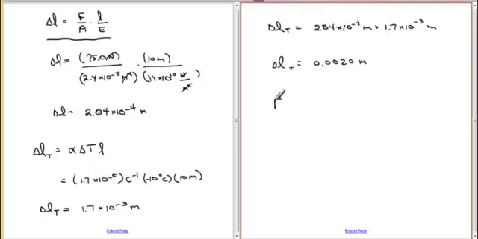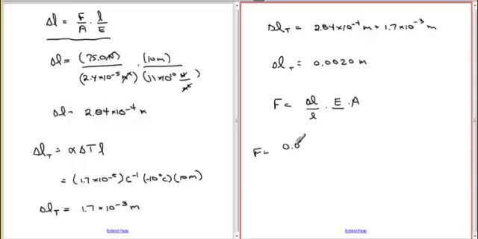So if we solve for force, force is going to be equal to delta L divided by L times E times area. Okay, so force, let's make sure we did this right. Force is delta L divided by L times E times A. And we should get the right units when we do this.